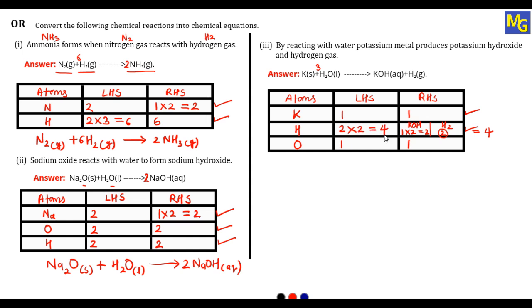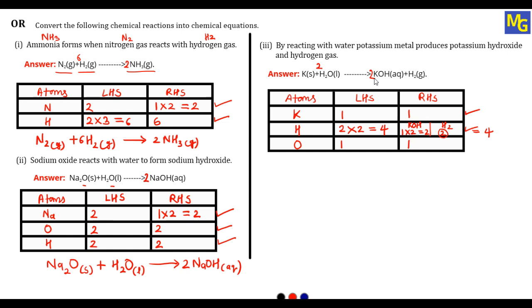So hydrogen on left hand side we have multiplied with 2, therefore we will replace this 3 with 2. So we will write it here 2. So 2H2O. Now, because of writing here 2H2O, 2 2s are 4 hydrogen, and this side I wrote 2, so I will write this also 2.